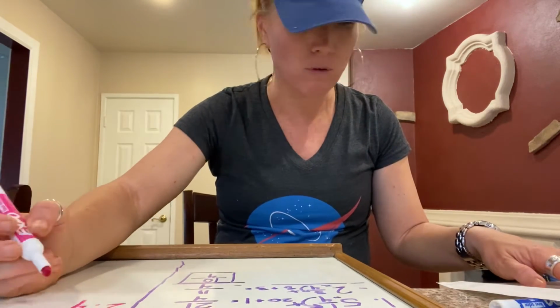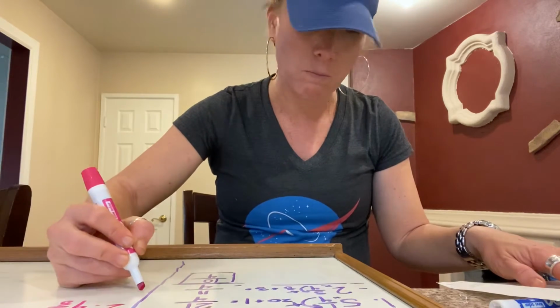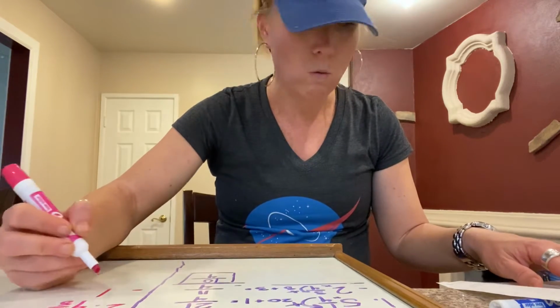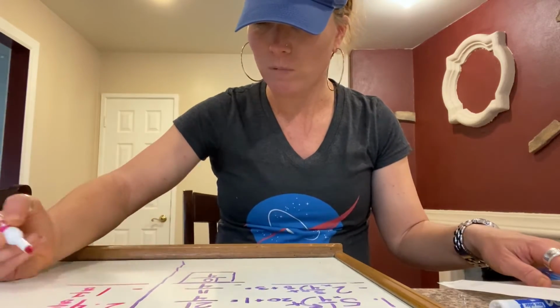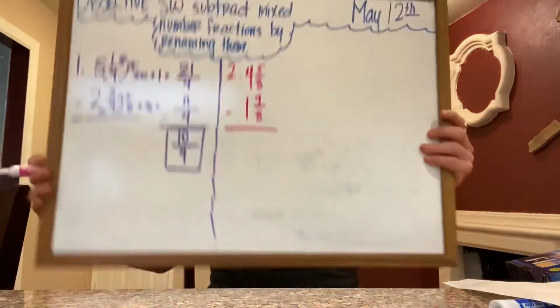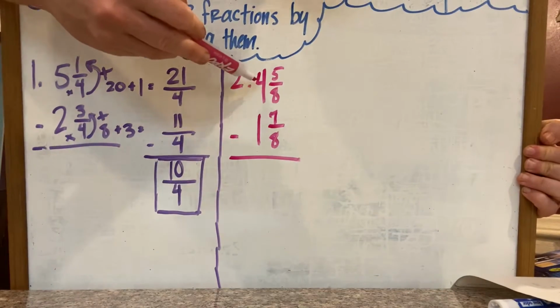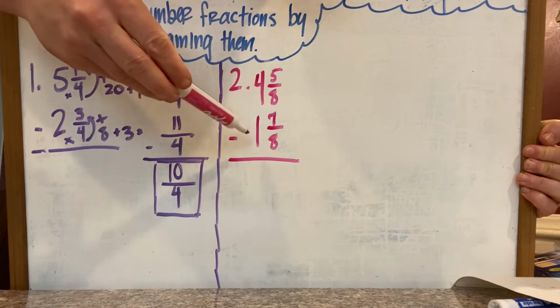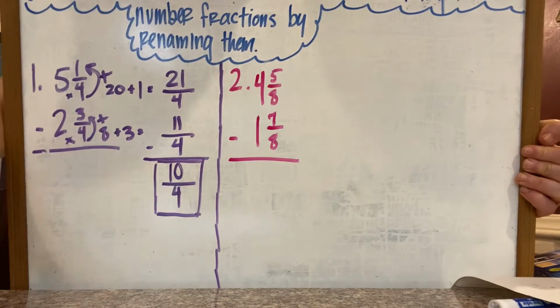So we have 4 5/8 minus 1 7/8. I'm going to talk this out and then I'm going to do it.